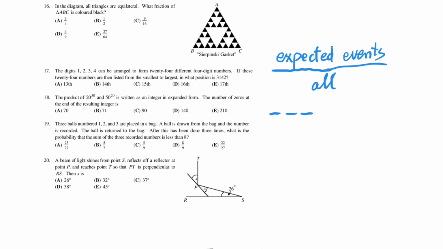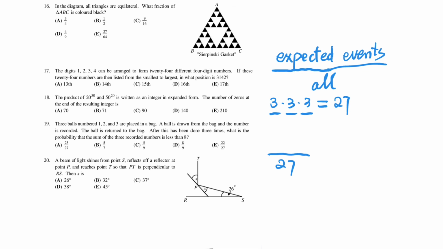When we draw the first ball, we have 3 choices: 1, 2, 3. After returning it, the second time we draw a ball, still 3 choices, and the last one is also 3 choices. Total events will be 27. That's our total. What are the expected events?